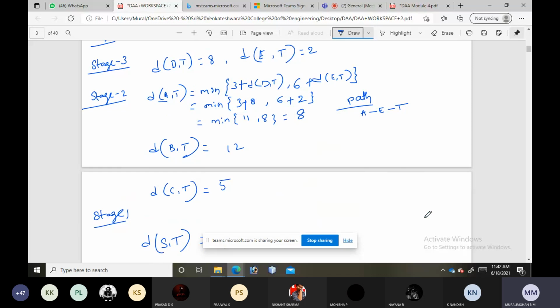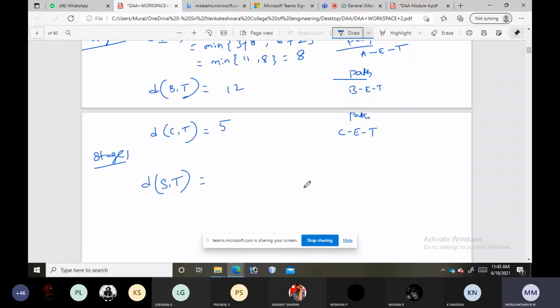Similarly, you write the path here. What is the path from B to T? B to E, next E to T. Okay, for this one, C to E, E to T. Now you calculate this and you write the path for this one.